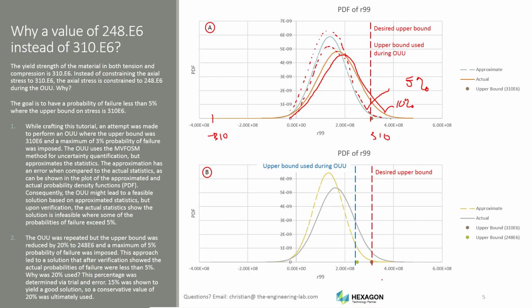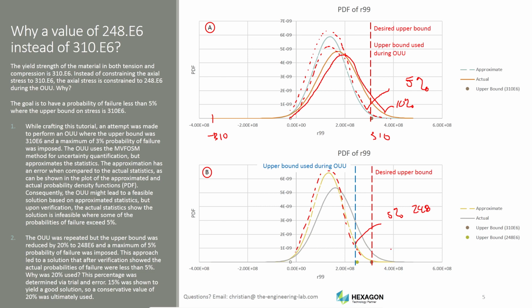Here in the second diagram at the bottom, this is what happens when we purposely use a knockdown value. So here in this sort of yellowish line, this would be the approximate distribution. So here the approximate distribution is telling us, hey, there's a 5% chance of violating the upper bound of 248.